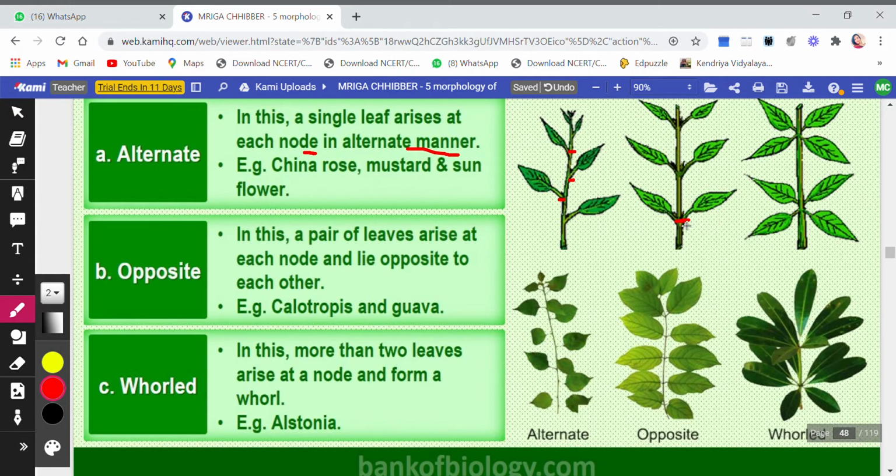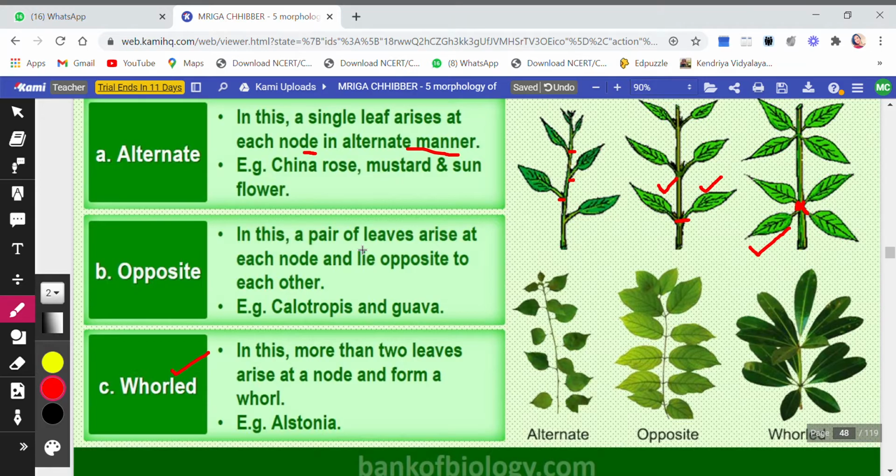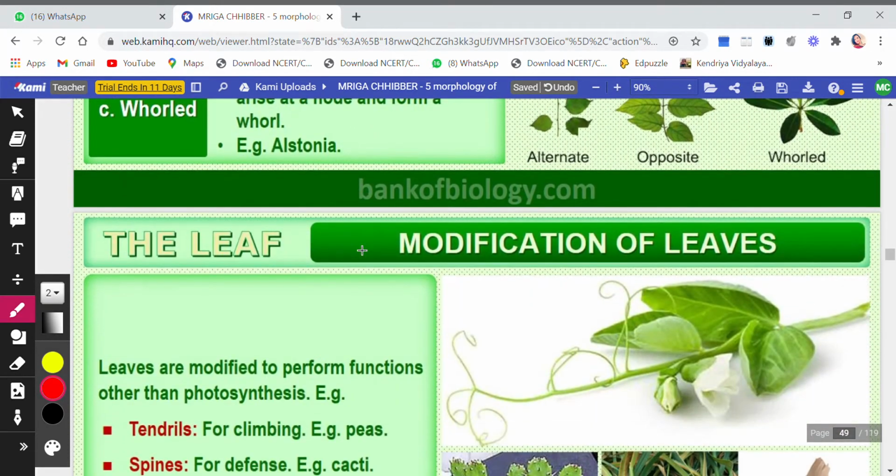So this is a single node and there are two leaves oppositely placed to each other. And in the whorl type, more than two leaves arise from a single node. So this is a particular node here, and so many leaves arise from one single node. So this is the whorled, right? So alternate, opposite and whorl. So arrangement of leaves is called phyllotaxy.